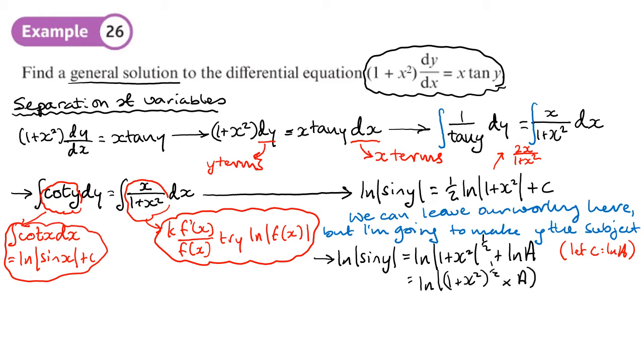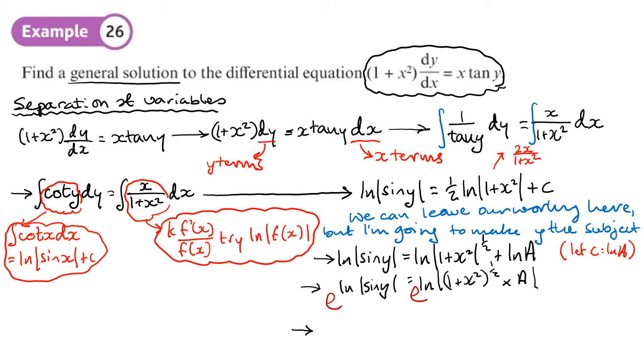So I'm basically using the rules of logs to put those together. That should be a modulus sign there. So this side is still natural log of sine y. Then I'm going to raise each side to the power e. That means that the e and the log cancel out.